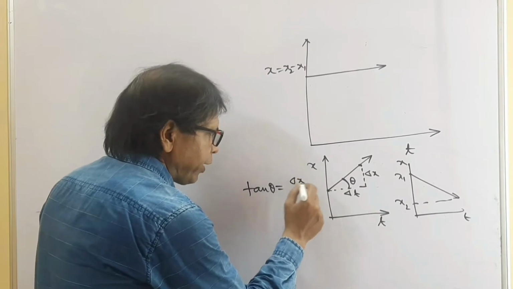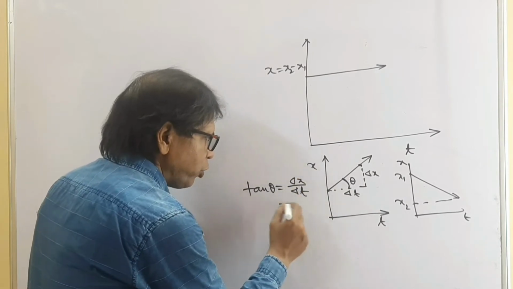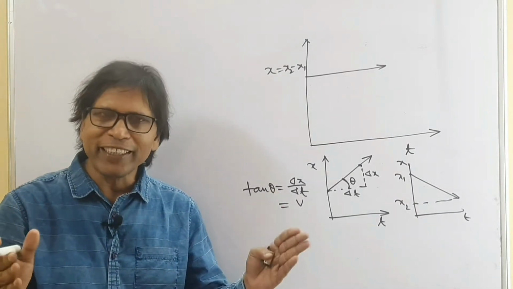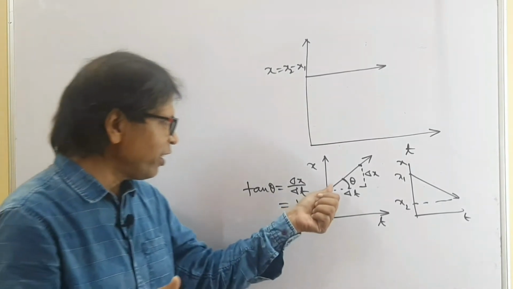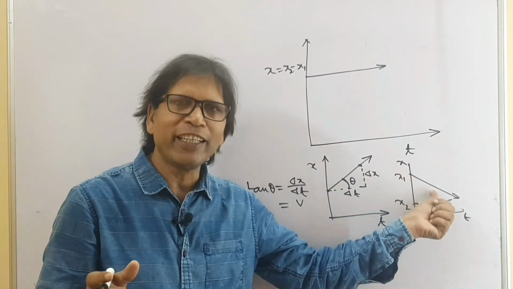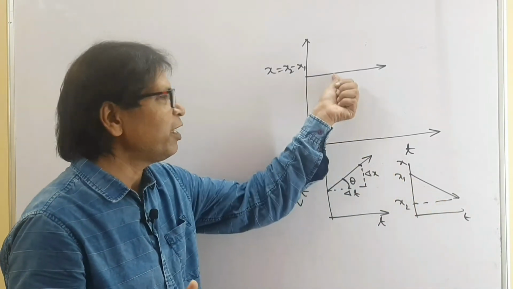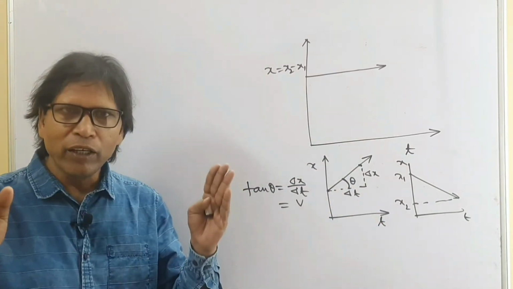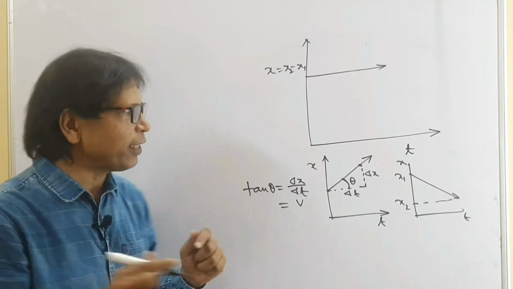So this is delta x by delta t, this is v. So slope of the xt graph represents velocity. This represents positive velocity, this represents negative velocity, and this represents zero velocity. Understood? Now xt graph for acceleration.